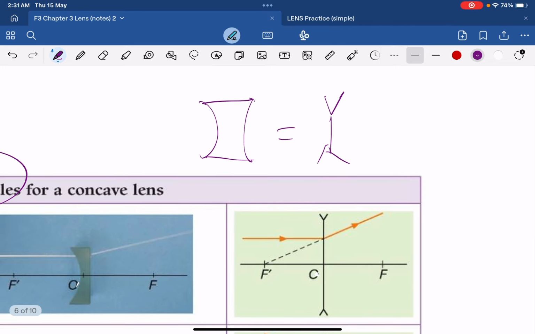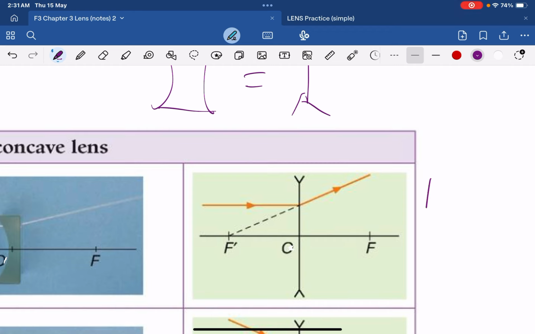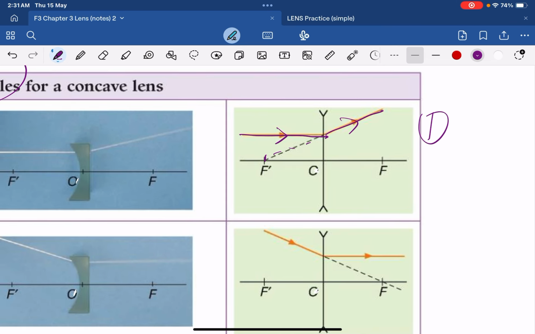So the first rule is, if the light ray is parallel to the principal axis, it will diverge from the focus. And the second one is the opposite of rule 1.